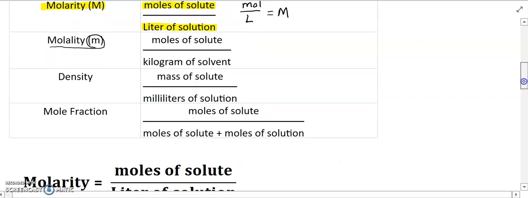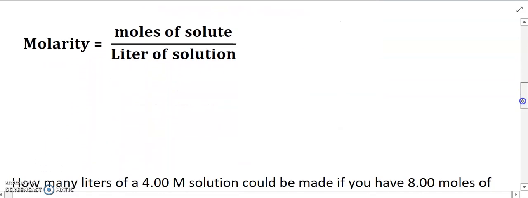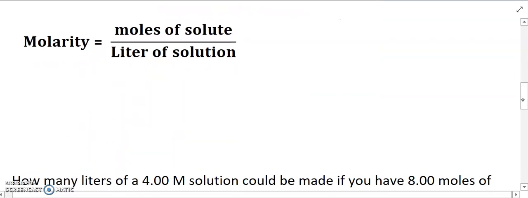So let's take a look at this concept of molarity. Again, molarity is going to be moles of solute divided by liters of solution. So molarity is going to be some number of moles per, technically, 1 liter of solution.